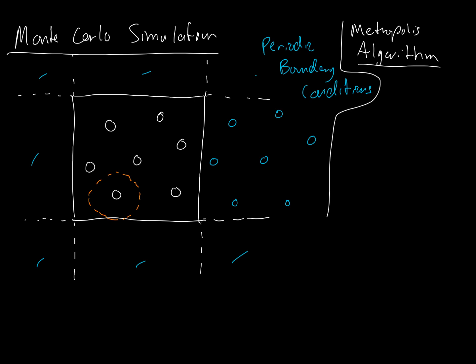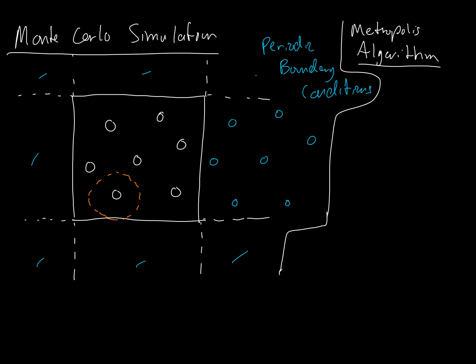So the whole point of the Monte Carlo algorithm is that everything you do is random. What you're trying to do in a Monte Carlo simulation is to simulate all of the possible statistical spaces of the sample by randomly moving stuff around.